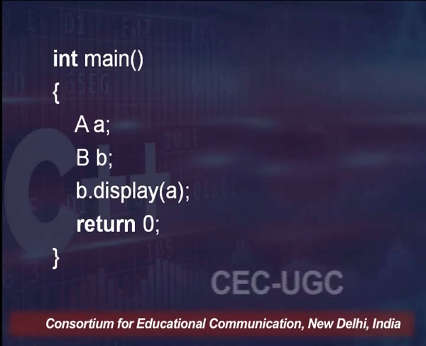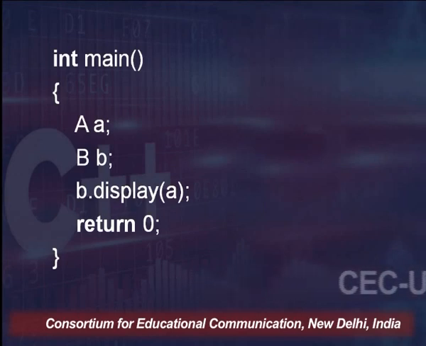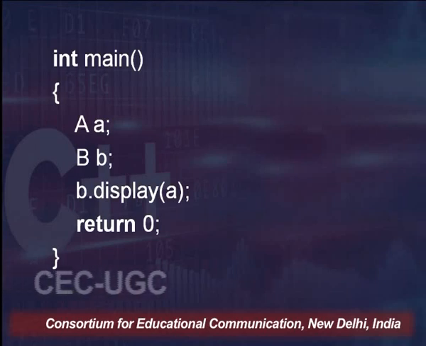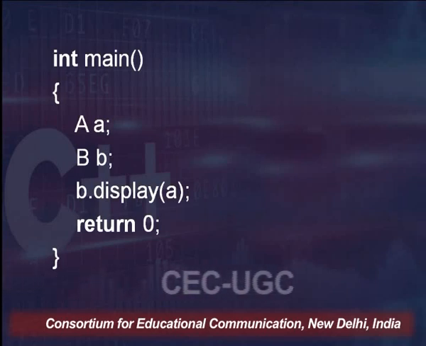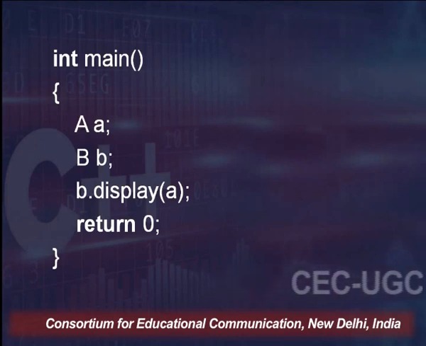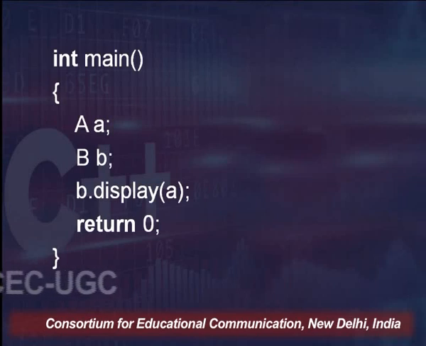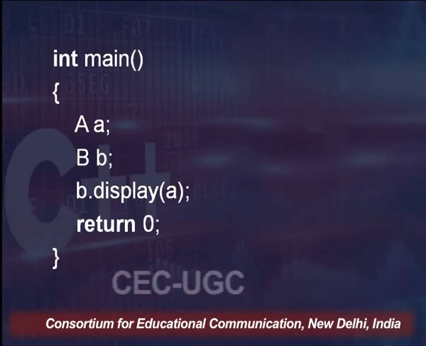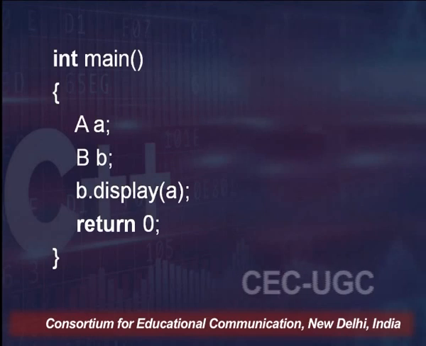Display is the member function of class B, which is why it is used with the dot operator on the object of class B. So b.display, and then in brackets we have given the object. Using this object a directly, a.x can be displayed, and then the program comes to an end.